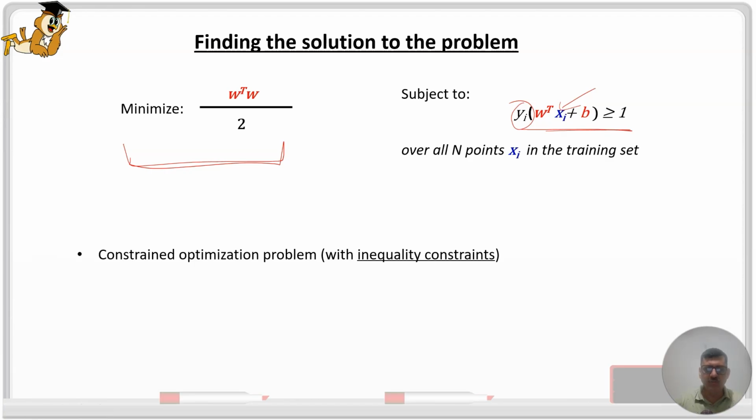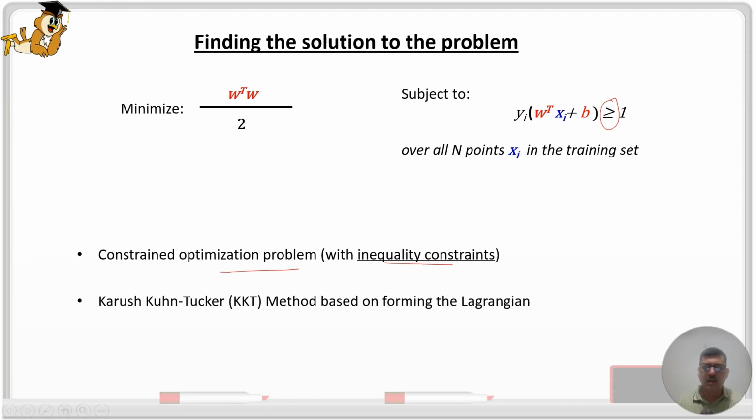This, as is obvious, is a constrained optimization problem. So you have to minimize this subject to certain constraints, and these constraints are inequality constraints, as you can see, greater than or equal to 1. So this is a constrained optimization problem with inequality constraints. And the method that we are going to adopt to solve this is known as the KKT method, named after researchers Karush Kuhn-Tucker.